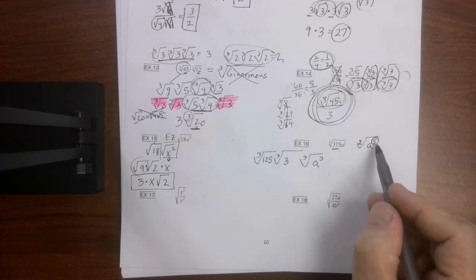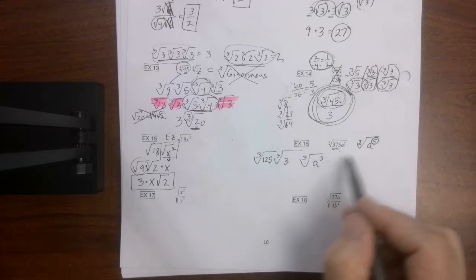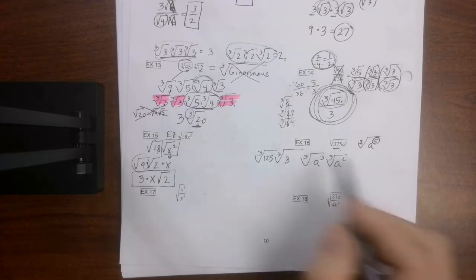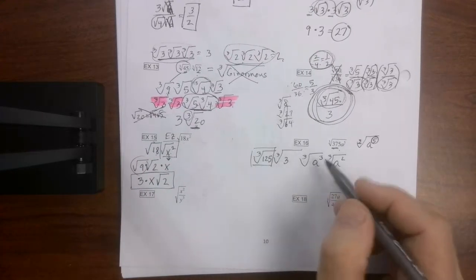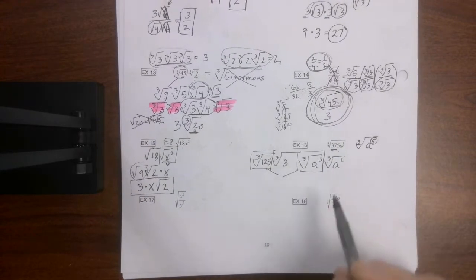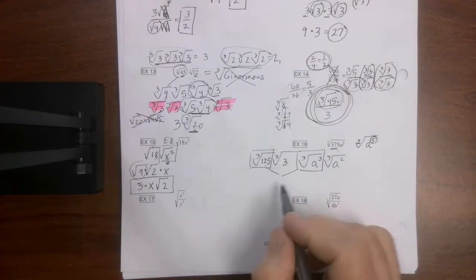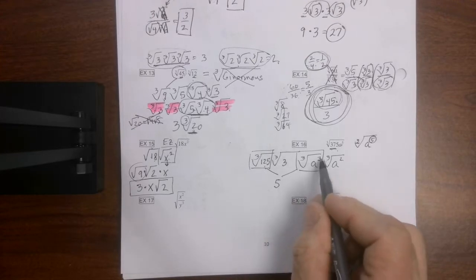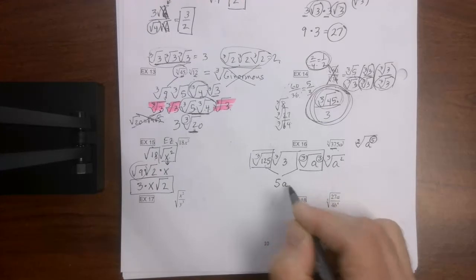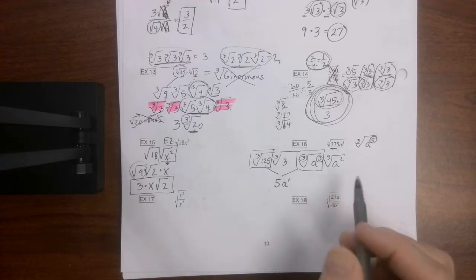How many would be left over if I took 3 a's away from 5? 2. Notice this is a perfect cubic root. This is a perfect cubic root. So we're going to tackle those first. Cubic root of 125 is 5. What's 3 divided by 3? That's just 1. So it's just a, or a to the first, however you want to write it.